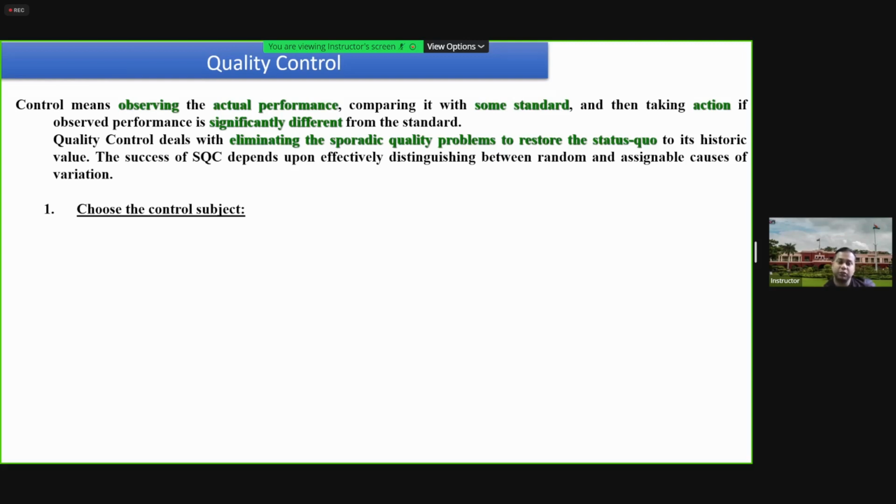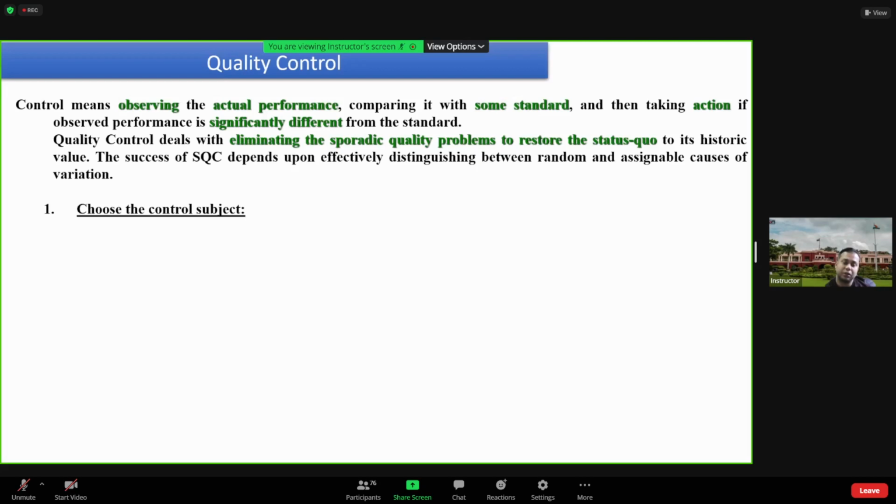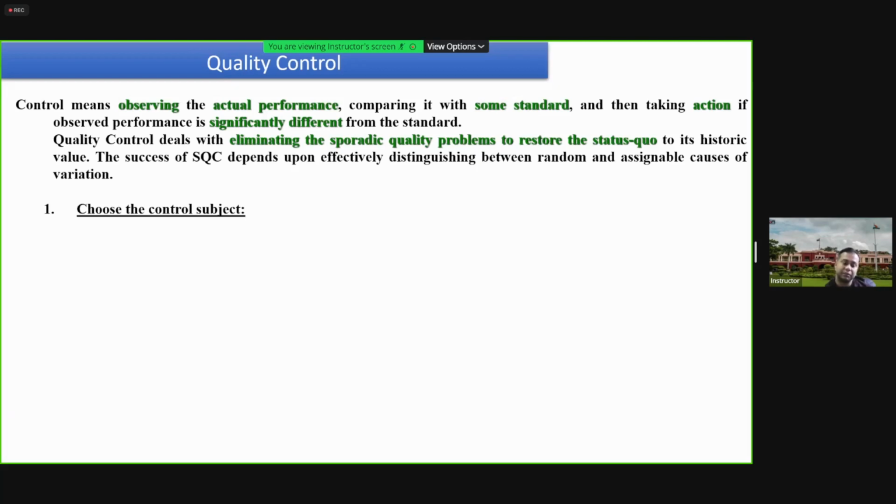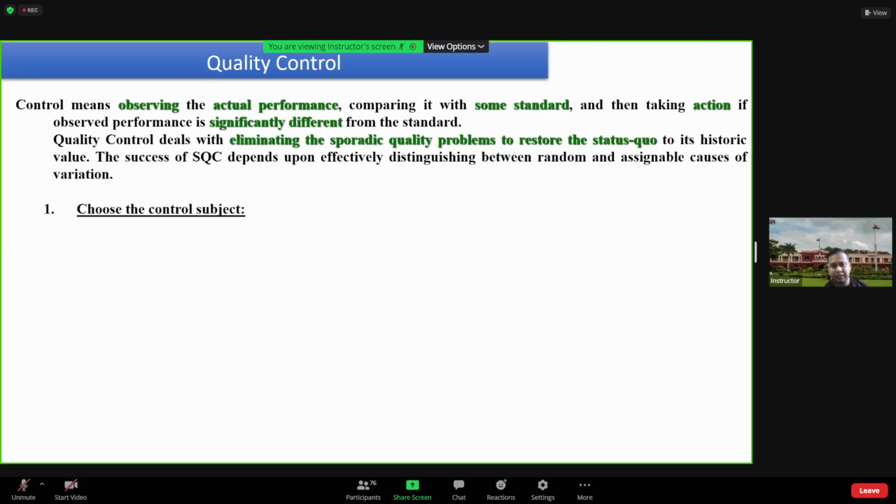Those parameters that are causing the sporadic rise need to be controlled. The control subject can be product characteristics that are very critical, for example, physical characteristics of the product and other things.